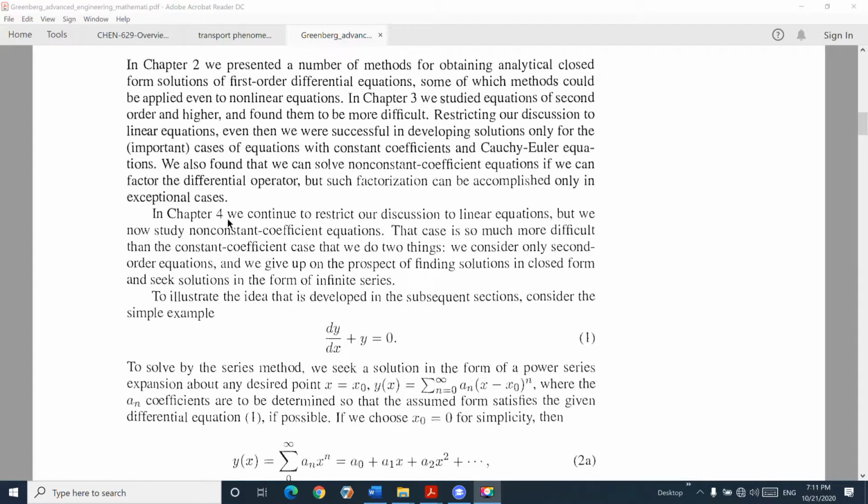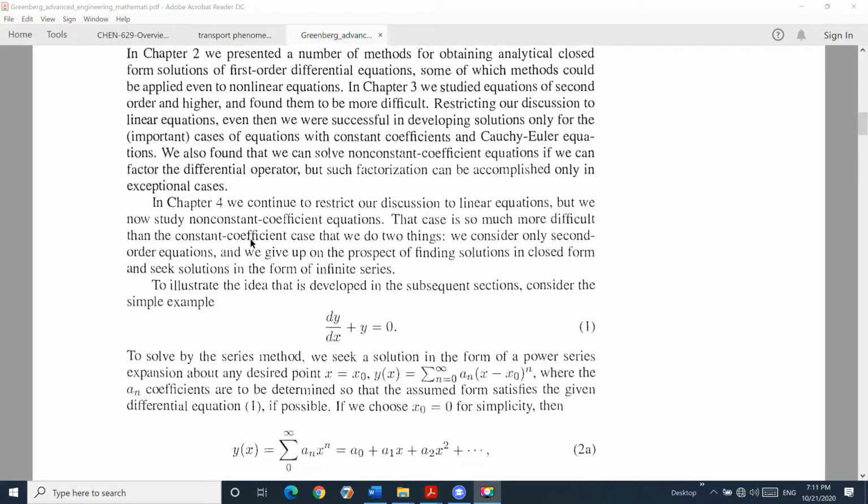In chapter 4, the book covers a discussion of linear equations, but here the solution of non-constant coefficient equations.